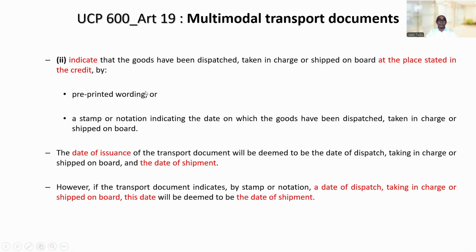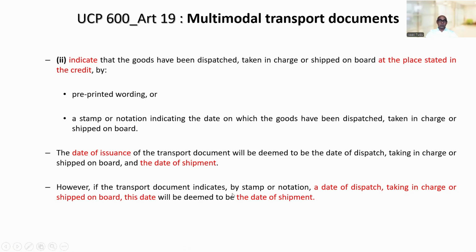So UCP article 19A2 also states that an indication of dispatch, taken in charge or shipped on board at the place stated in the LC by a stamp or notation indicating the date on which the goods have been dispatched, taken in charge or shipped on board.